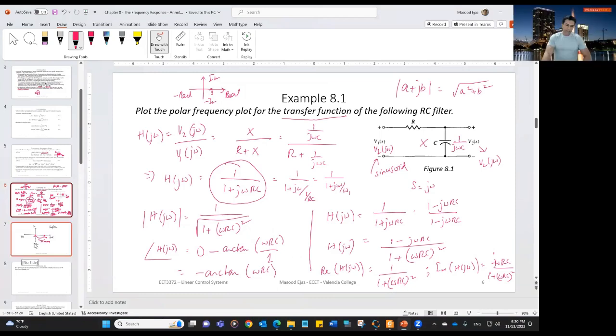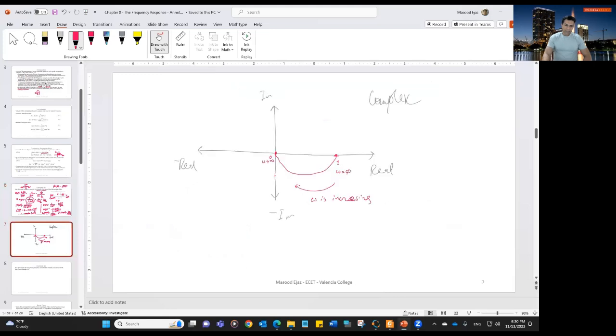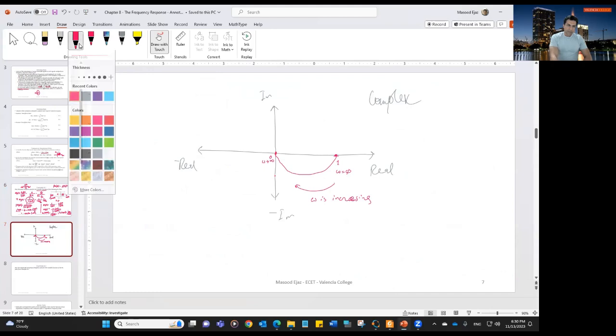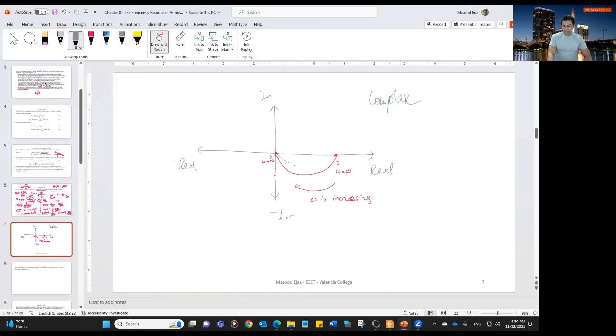So at negative 45 degrees, right in the center, because you're going from 0 to negative 90, the length of this is going to be 1 over square root of 2. And this will be your point.